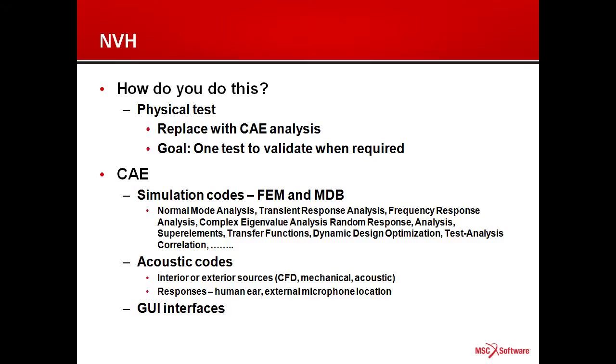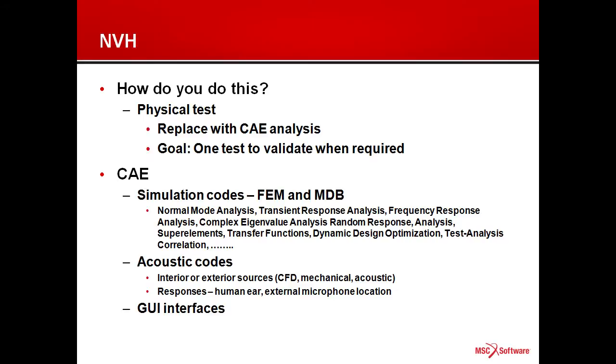Then there's the test analysis correlation. NVH, N&V, whatever you like to call it, there are always individuals who've never done the work and want to know why your analysis doesn't fall right on top of the test results.